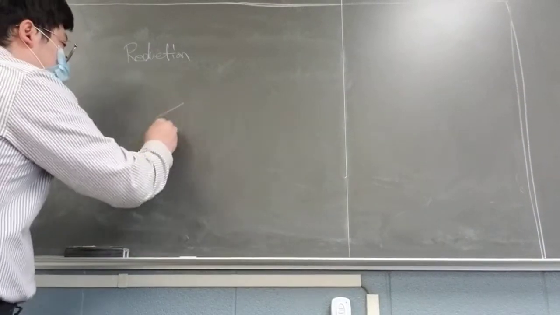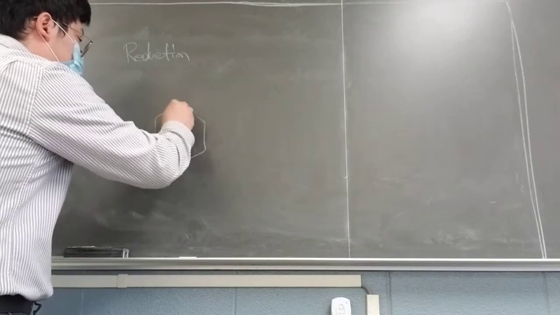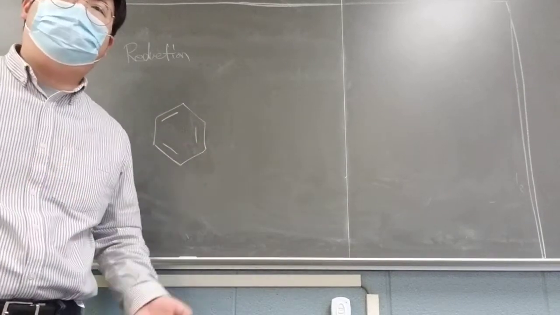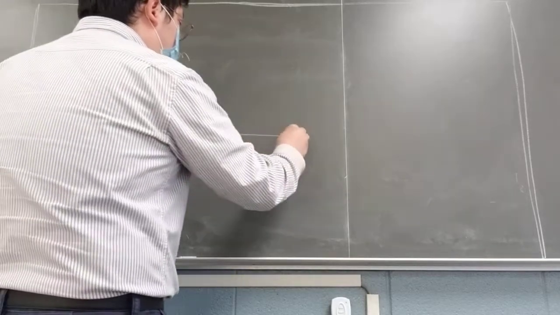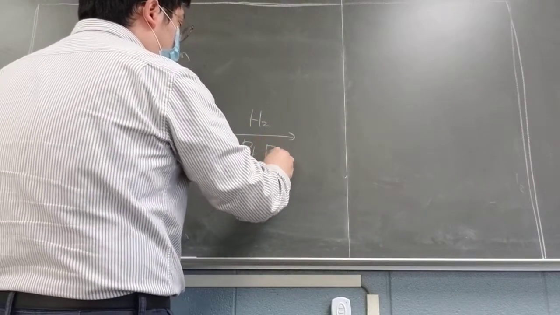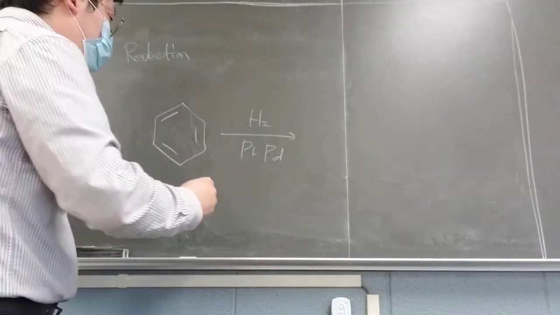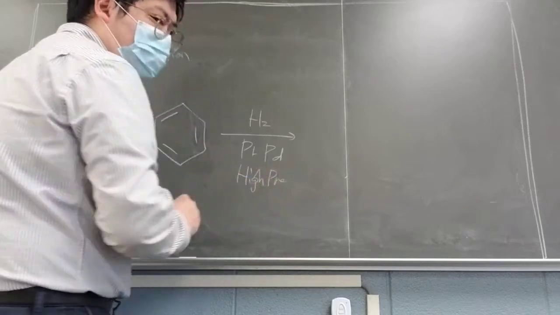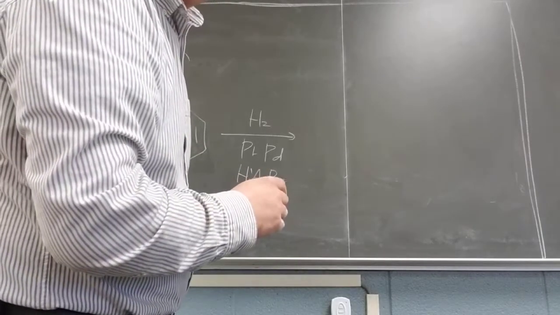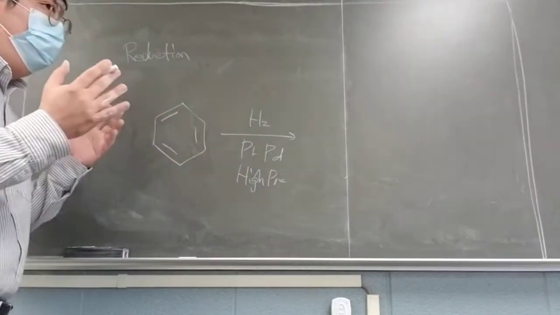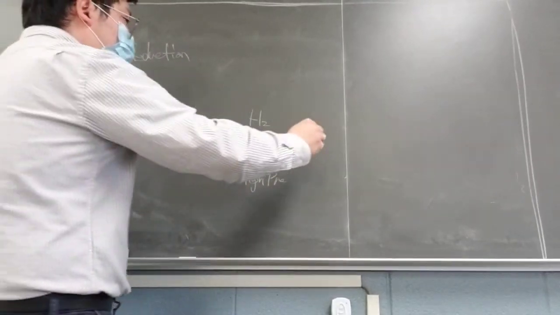I'll stop here. So, like I said, benzene is usually not reducible, right? It's very hard to reduce. But if you use platinum with very, very high pressure, I think it was about 150 atmospheres. Let me see. Oh, I didn't write it. Anyway, under harsh conditions, it can also be reduced.